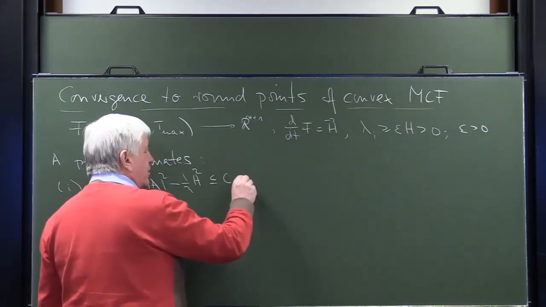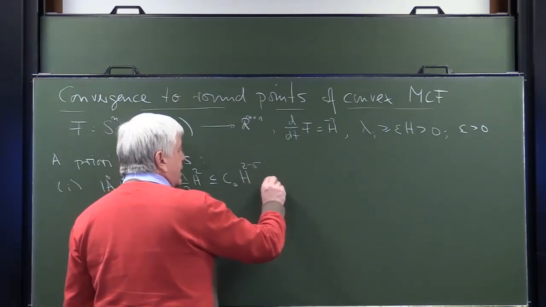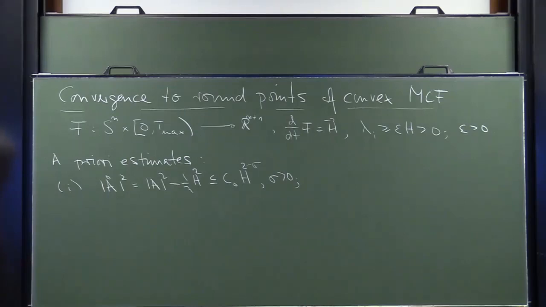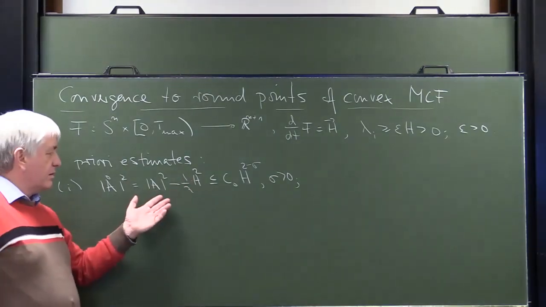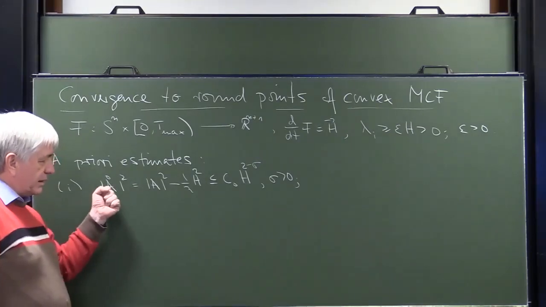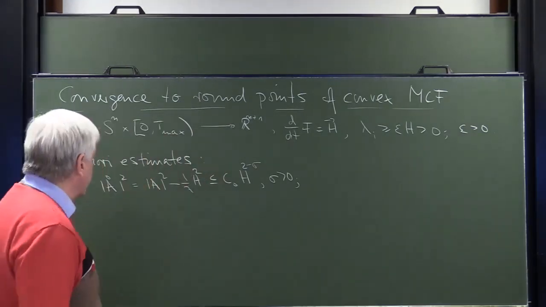We had some C0 times H to a power slightly less than 2, meaning that the scaling invariant part of the trace-free part of the second fundamental form converges to 0 if the mean curvature goes to infinity.